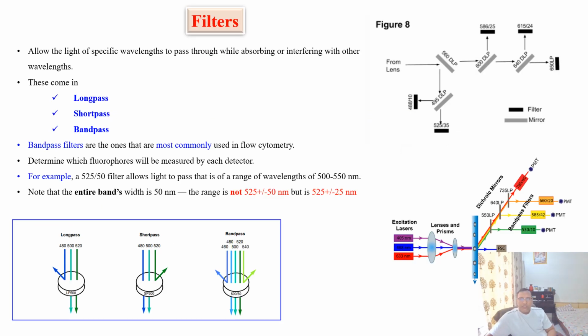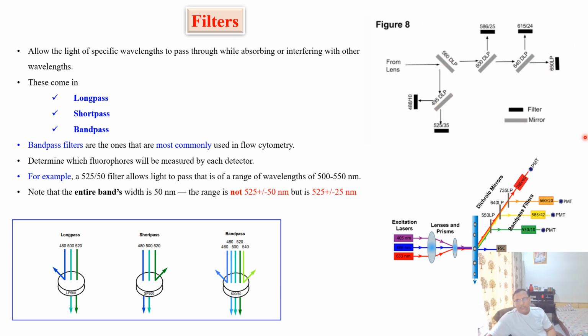Now, what is a filter and what is the use of the filter? After the separation of light by the mirror, it comes to the filter. In the black shadow it is the filter, and in gray color it is the mirror.